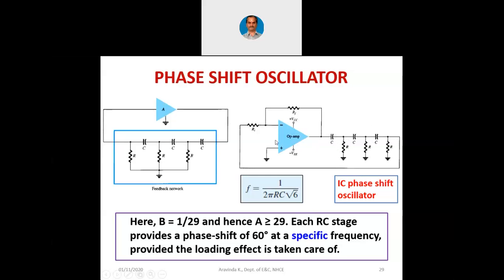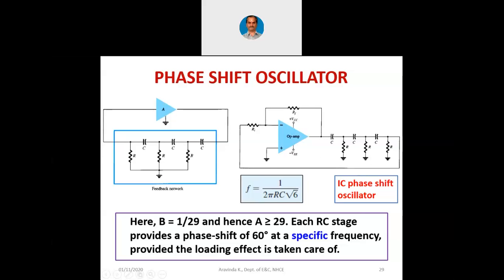As you already know, the amplifier's internal noise itself is ranging from 0 till infinity, and all the other noises will not be amplified. Only a particular noise which is having the desired frequency which we want out of the oscillator, that particular frequency is going to undergo 180-degree phase shift because of the RC networks.